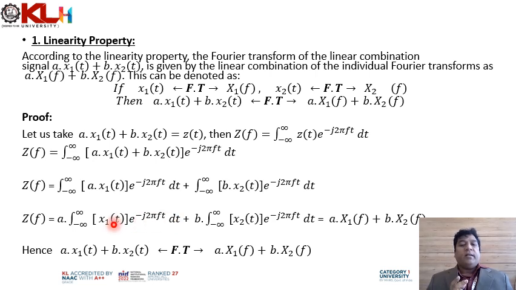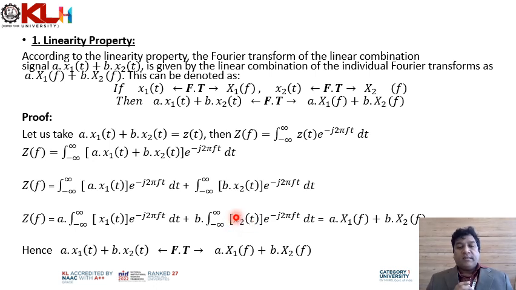That is simply the Fourier transform of x1 of t, which will be X1 of f, which is multiplied by a, plus the second piece is simply b, which is multiplied by this integral. Again, this second integral is the Fourier transform of x2 of t.